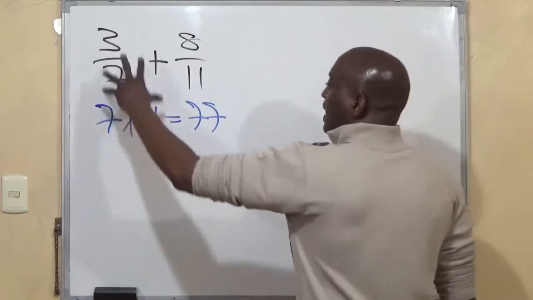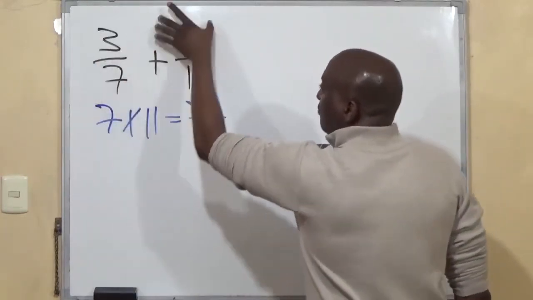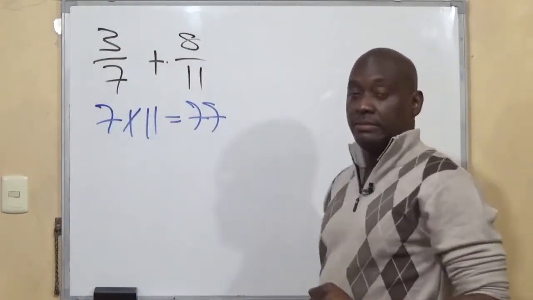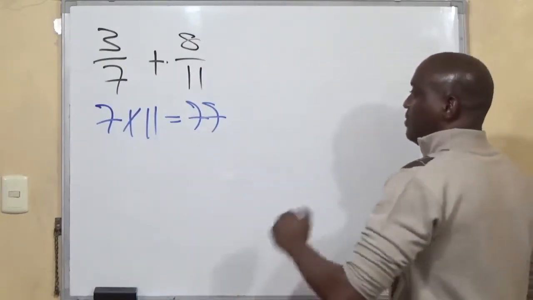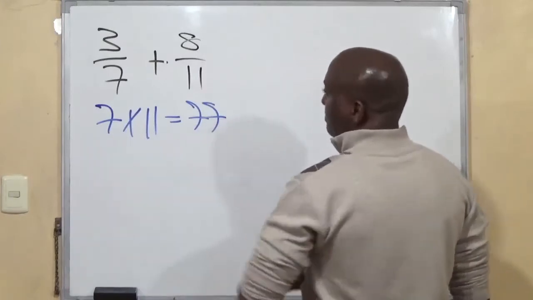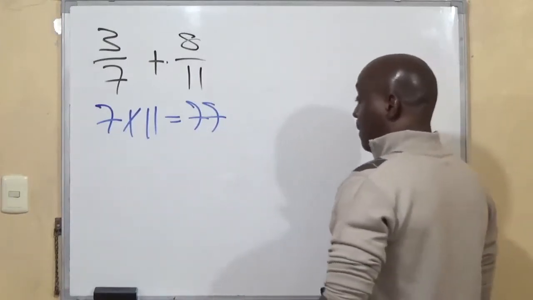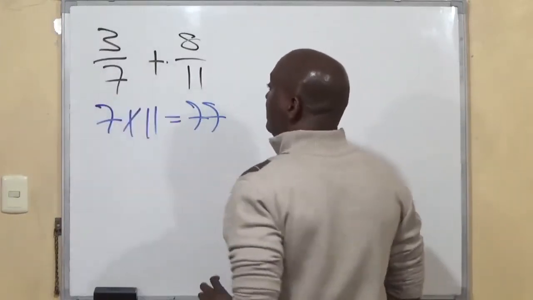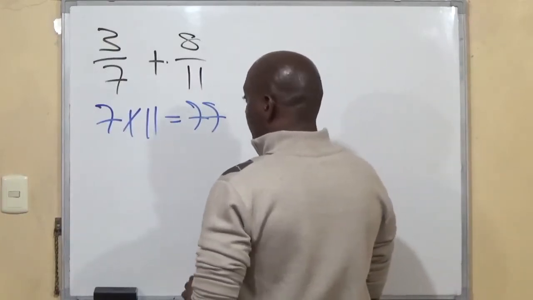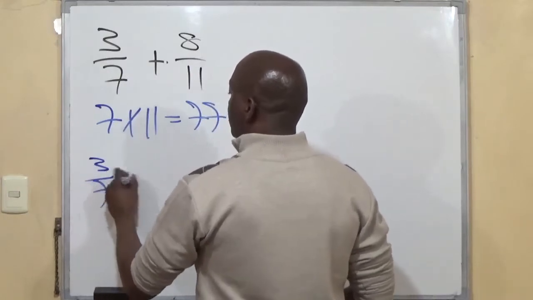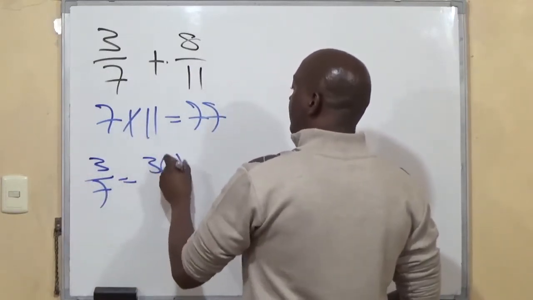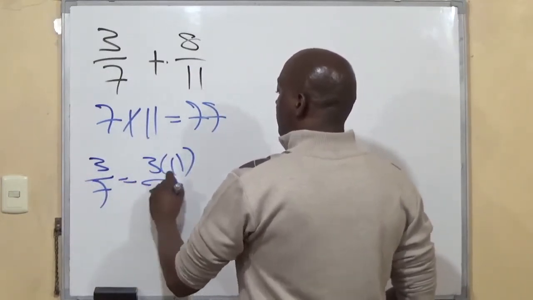It means now that we have to actually alter the appearance of both fractions as opposed to one in the previous video. So in the case of 3 over 7, 7 by 11 is 77. So what do we do? We multiply the numerator and the denominator here by 11. So we say that 3 over 7 is equal to 3 by 11 over 7 by 11.